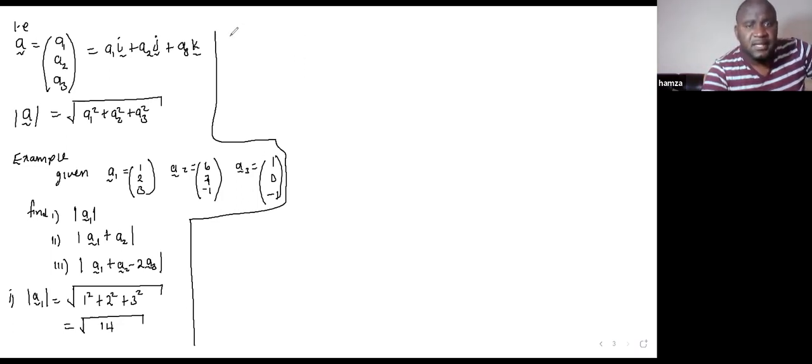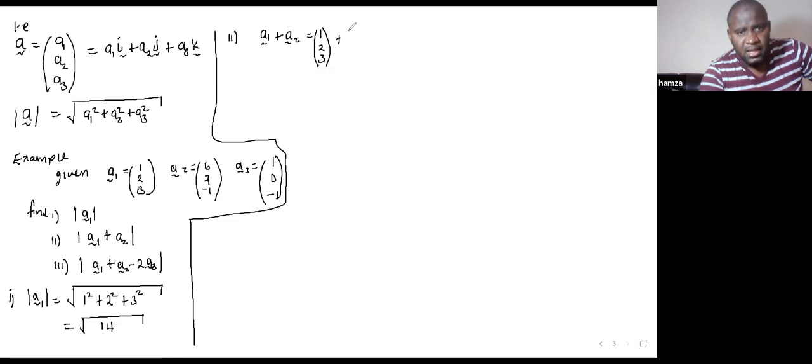Then for the second case, we need to first get A1 plus A2 before you get the magnitude. This is going to give you 1, 2, 3 added with 6, 7, negative 1. And this will give me 7, 9, 2.